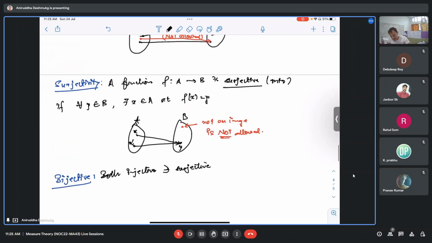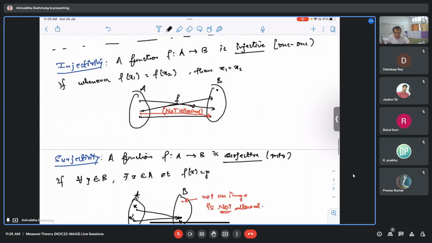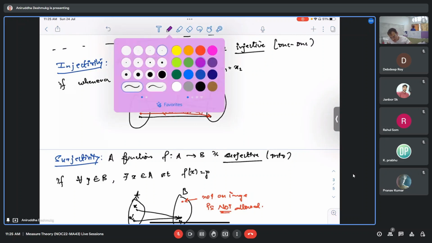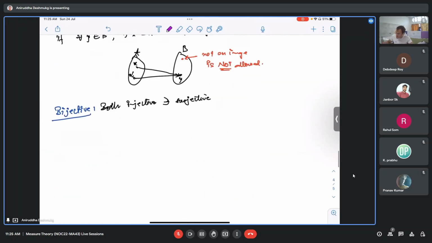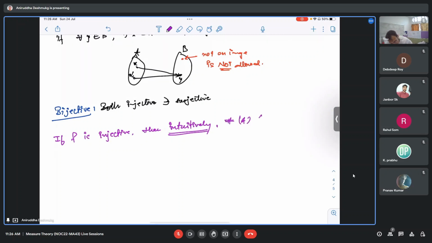So intuitively, if we have a function f which is injective, then the number of elements, let me put it in quotation marks because for infinite sets we don't really have a number. So notice that this is only intuitive. This is not the mathematical definition or anything. The number of elements of A is less than or equal to the number of elements of B.